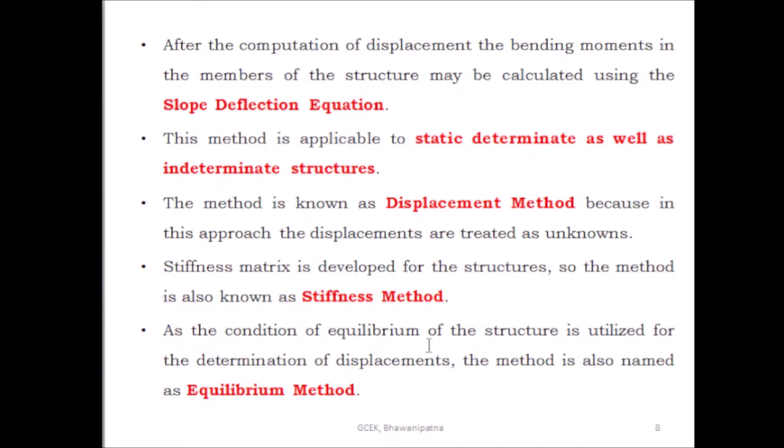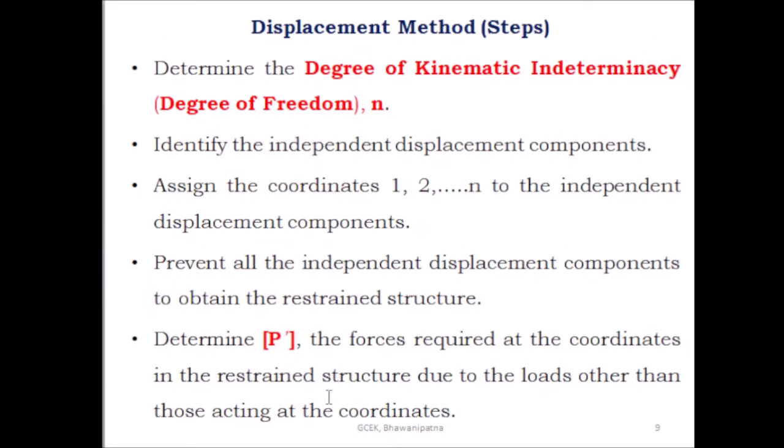As the condition of equilibrium of the structure is utilized for the determination of displacement, the method is also known as the equilibrium method. Then what are the steps used to solve the structure by the displacement method of analysis? So these are the different steps.